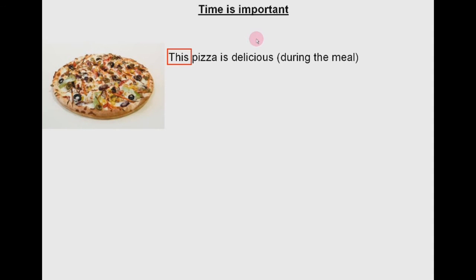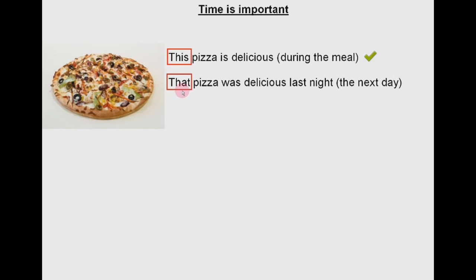So we say this for during the meal, for the present. That is correct. And when we use the past tense, we use the word that. So we say that pizza was delicious last night.